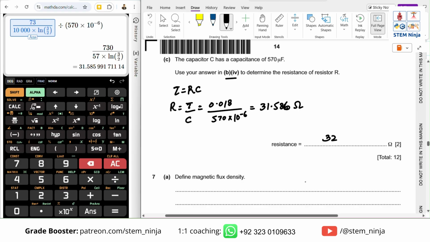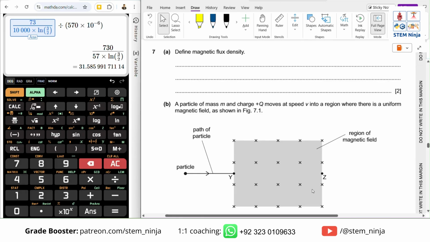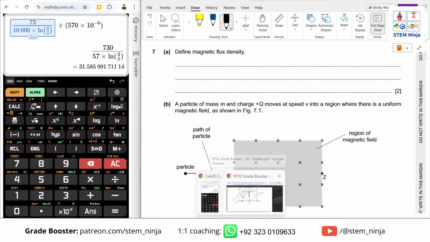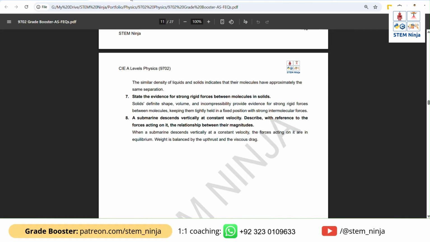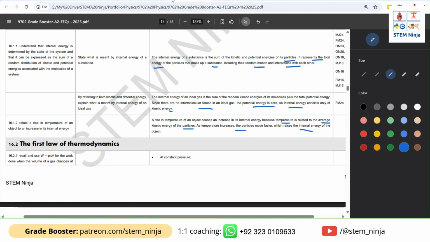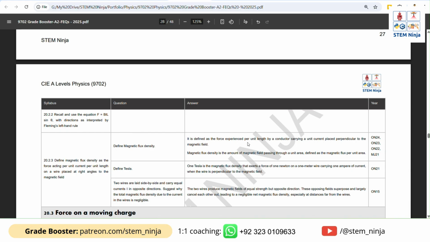That's it. Okay. Define magnetic flux density. Again, this is a very easy definition, but still let me show you in two different places. Magnetic flux density is the force experienced per unit length by a conductor carrying a unit current placed perpendicular to the magnetic field.